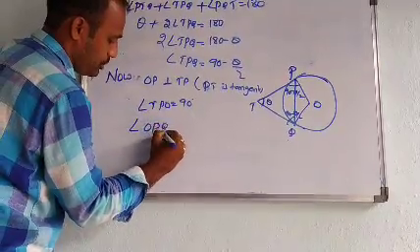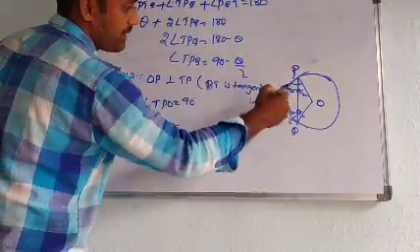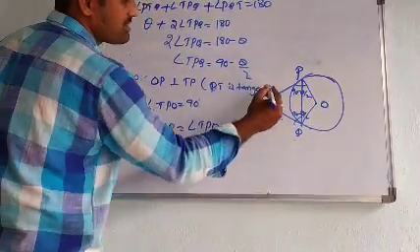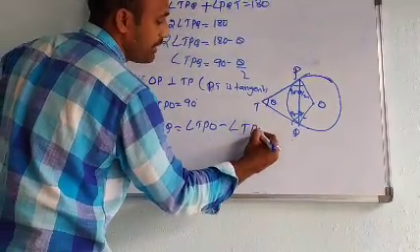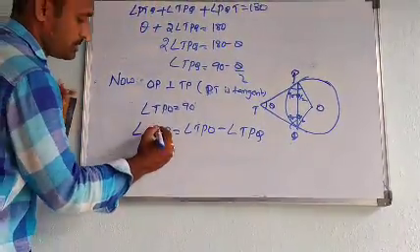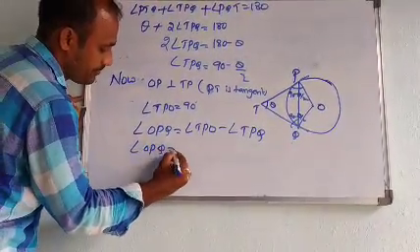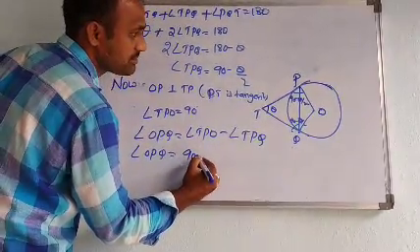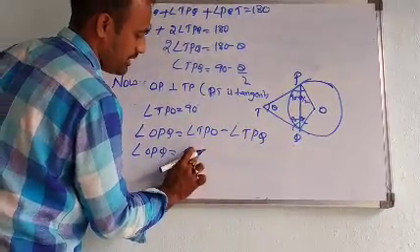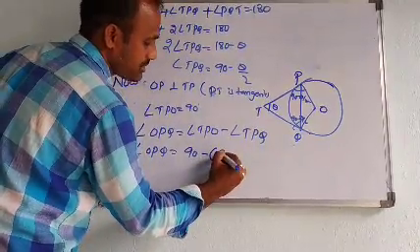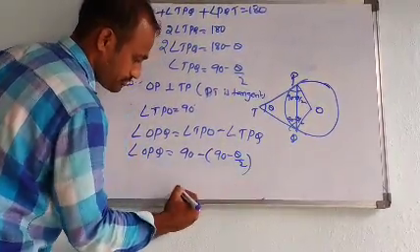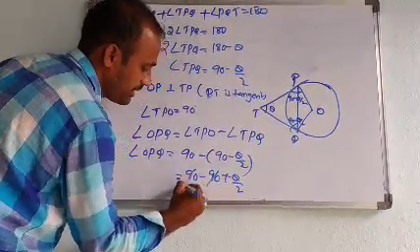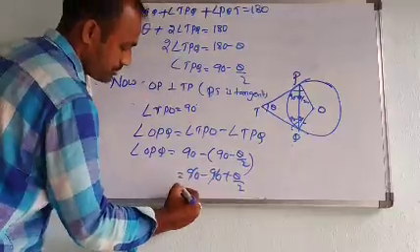Angle OPQ is nothing but, from the total angle TPO, if I subtract angle TPQ, I will get angle OPQ. Angle TPO is 90 degrees, minus angle TPQ, which is 90 minus theta by 2. If I open up the bracket, 90 minus 90 plus theta by 2, 90 gets cancelled. So it is theta by 2.